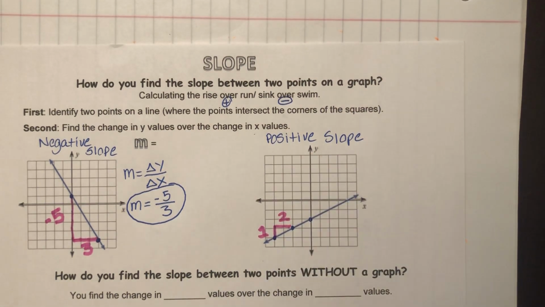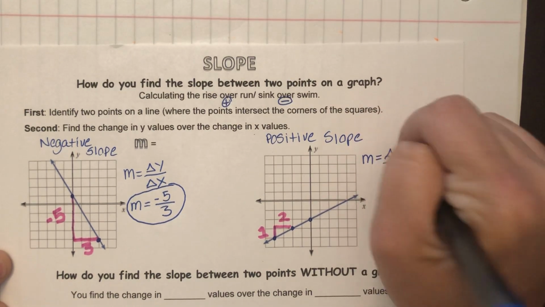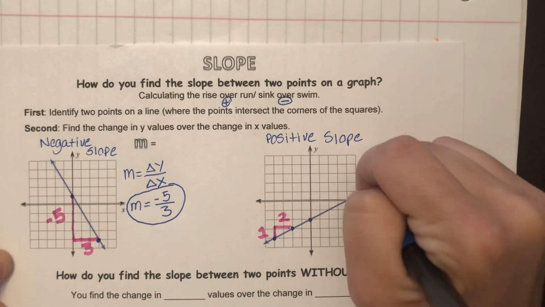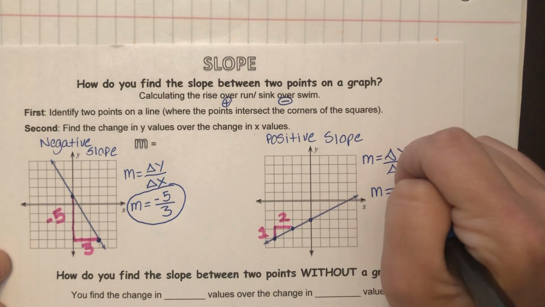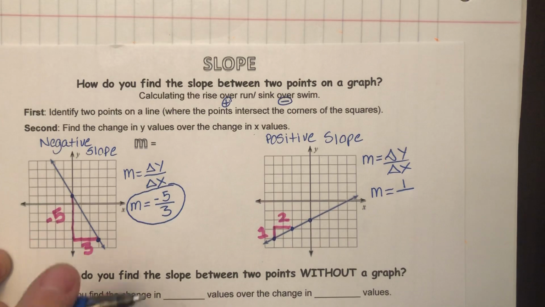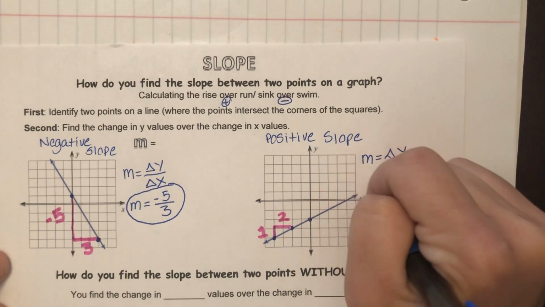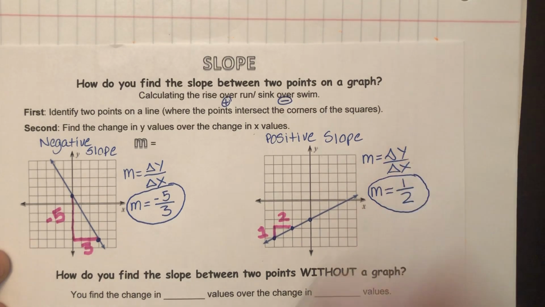So the slope here, the change in y over the change in x: the change in my y values was a +1. The change in my x values, my horizontal movement, was 2. The slope of this line is 1/2.